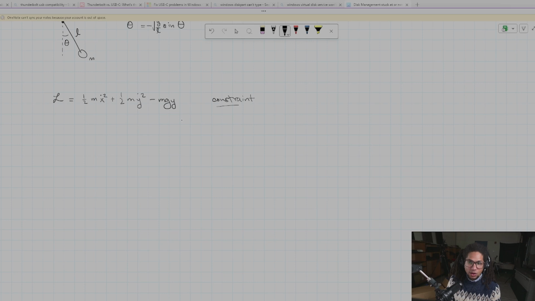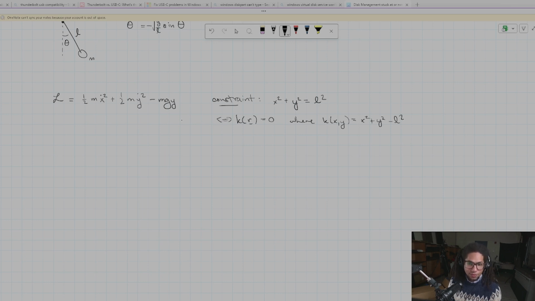In this case, it is a holonomic constraint, which is what we want if we're going to use this method. And the constraint is as follows. We need that x squared plus y squared is equal to L squared. Or if I want to talk about the constraint function that I've used before, I can have k of r equal to 0, where k of x, y is equal to x squared plus y squared minus L squared.